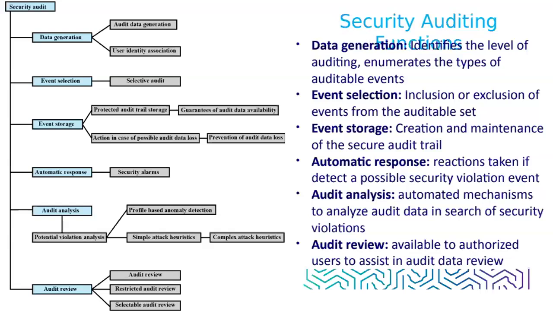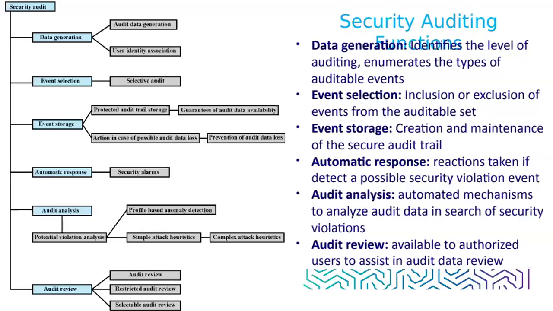Data generation is the process of deciding what security events should be recorded during the auditing. This function identifies the level of auditing and lists the types of auditing events. That means it determines which system activity will produce the audit record.